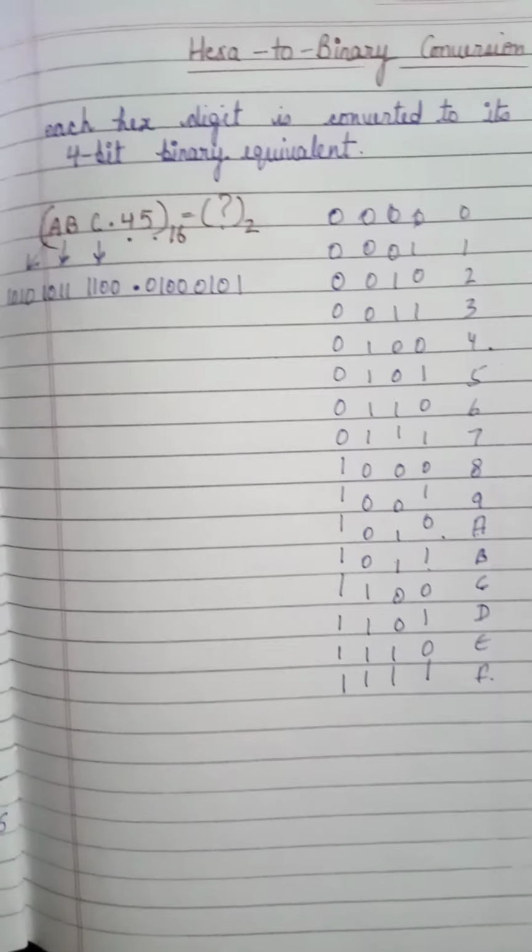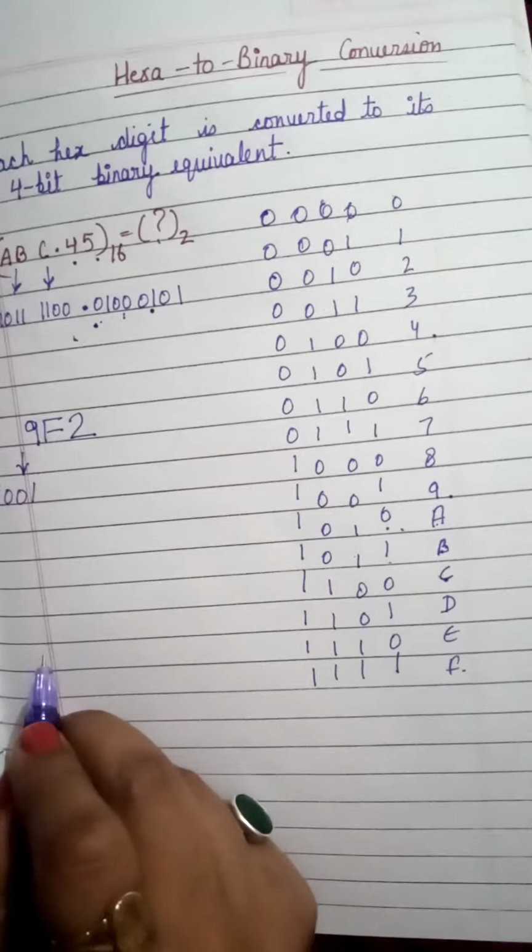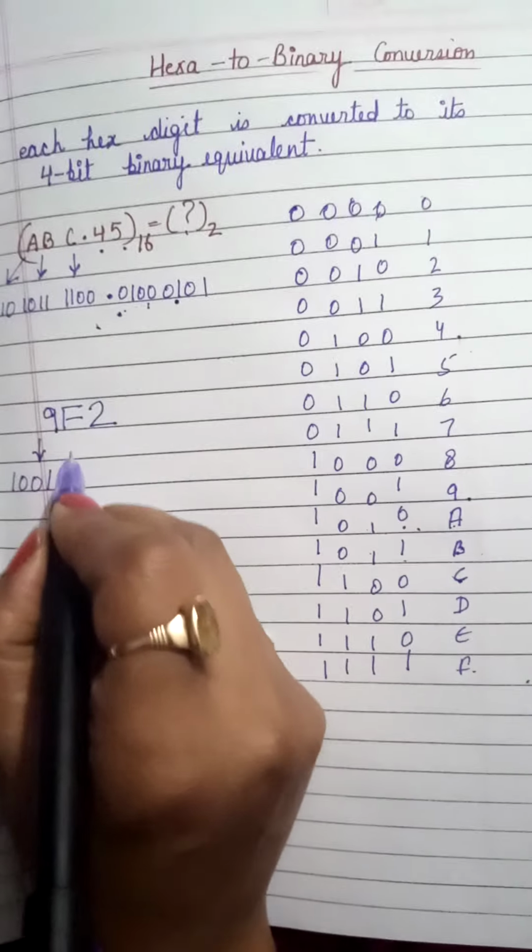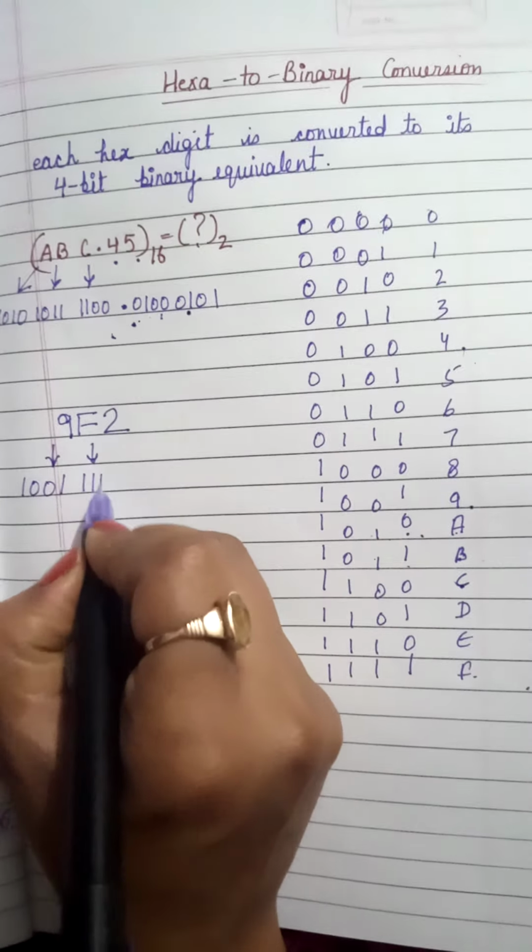Now one more example we will do, that is 9F2. What will be the binary equivalent of 9? 1001. Then F, 4 times 1, 1111.